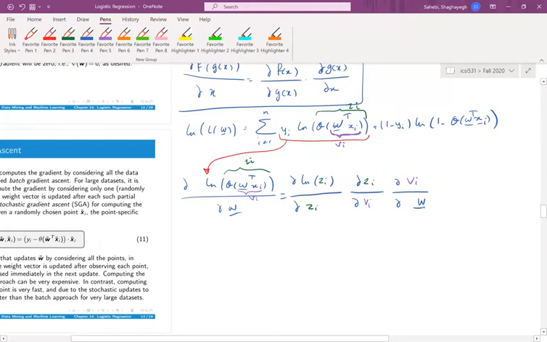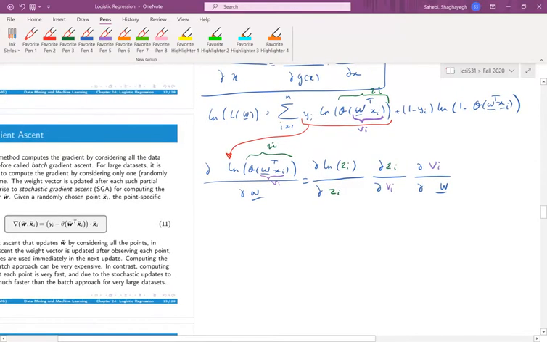Okay. So what is the derivative of a logarithm of Zi with respect to Zi? We know that when we take the logarithm of a variable and take the derivative of it with respect to that variable, it is going to be 1 over that variable. So we have 1 over Zi here for the first term.